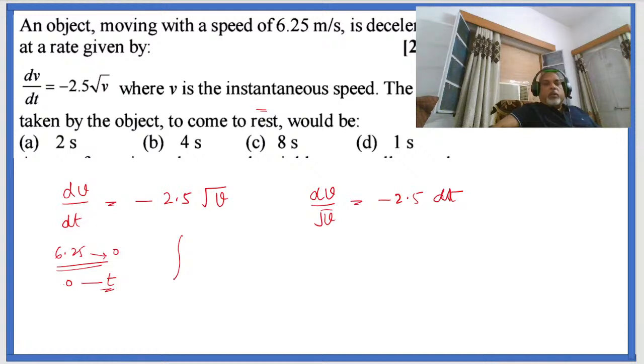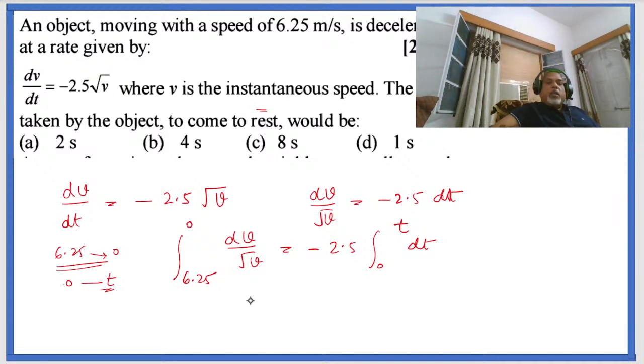That means this integral from 6.25 to 0 of dv upon root v equals the integral of minus 2.5 dt, correct?